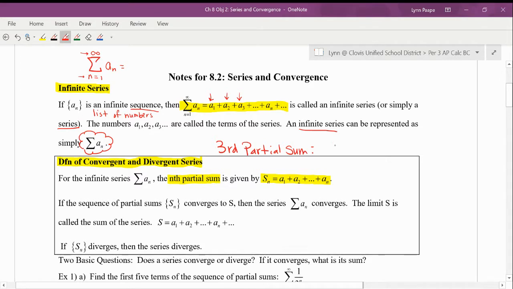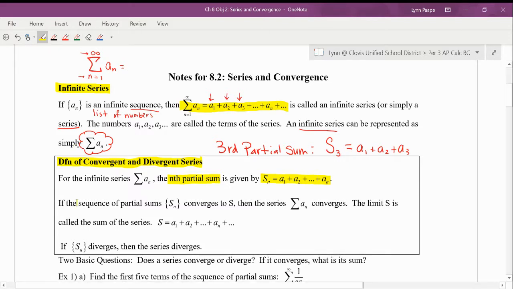The third partial sum, with notation S subscript 3, means just add up the first 3 terms. So if I say the nth partial sum, you're just adding up however many terms I ask you to. If I ask you to add them all up, there might be a little bit of tears, because when's that going to happen? All right, so that's the nth partial sum.